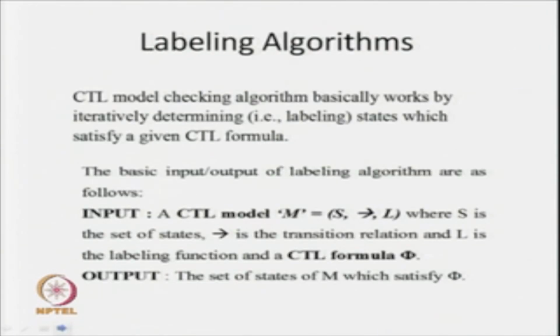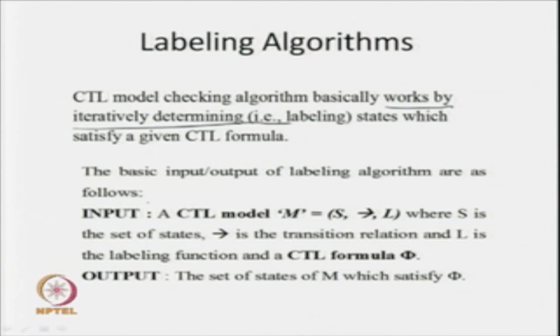Now let us look at what the labeling algorithm is. The CTL model checking algorithm works by iteratively determining, that is, labeling, the states which satisfy a given CTL formula. It is an iterative method which labels the states with the formula where it is true. After completion of the labeling, it returns all the states where the given formula is true.